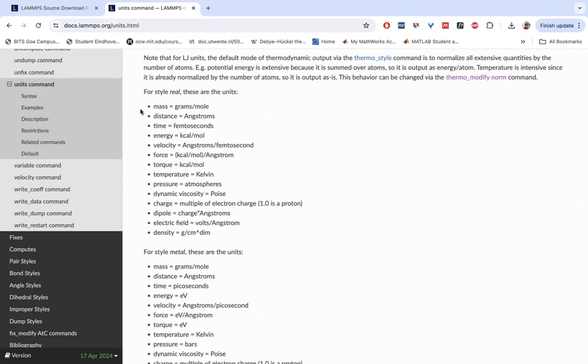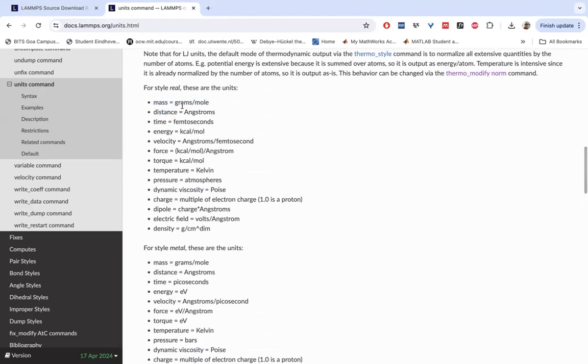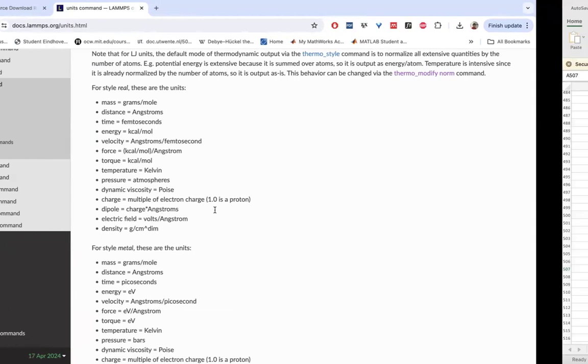In units real, we have mass expressed as grams per mole, distance in angstroms, time in femtoseconds, energy in kilocalories per mole, velocity in angstroms per femtosecond, and so on. These are the units that we are going to use to represent and also read the output from the LAMMPS program.